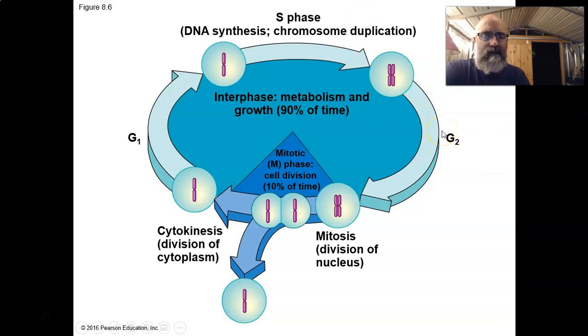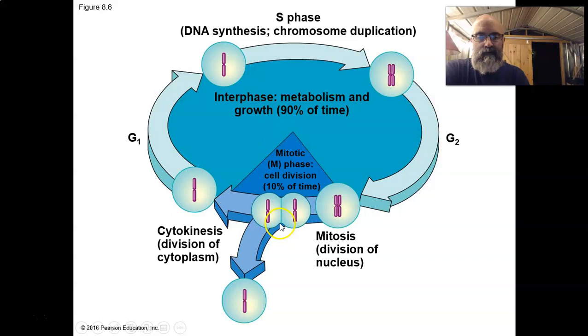G2 phase, again, the cell continues to grow, expand in volume, make new organelles, and then during one phase of the cell cycle called mitosis, the M phase, right? We take those 2 copies, shown here and here, and then we split them and put them into 2 piles.